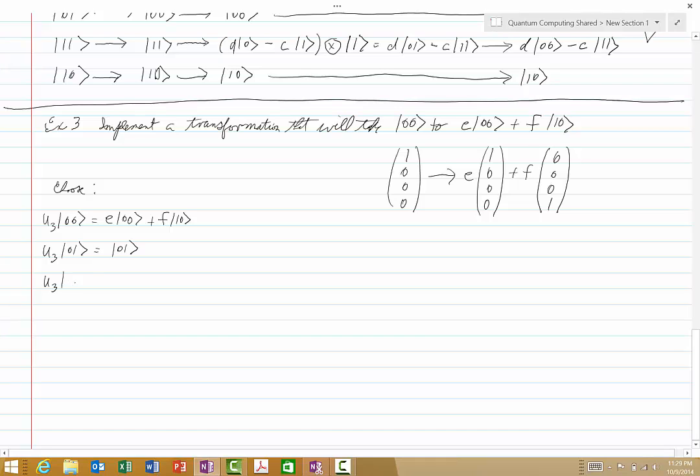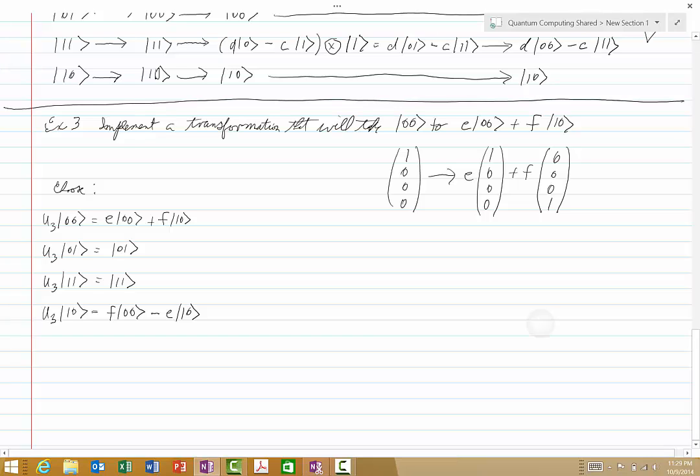U3 of 11 is equal to 11. And finally, U3 of 10 will be equal to F00 minus E10.